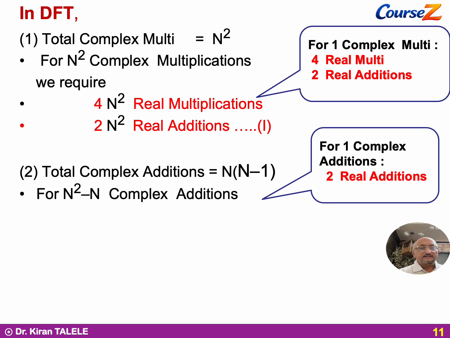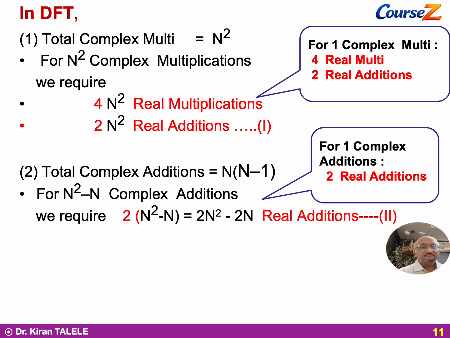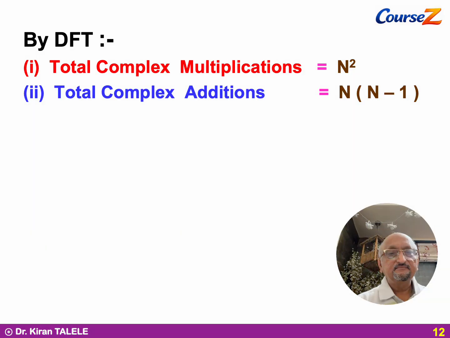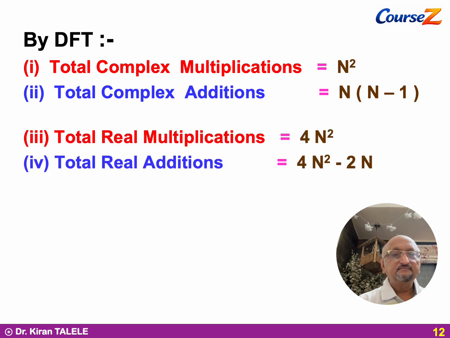So total real additions would be N square minus N multiplied by 2. Adding these additions and the real additions, we get total real multiplications 4N square and total real additions 4N square minus 2N.